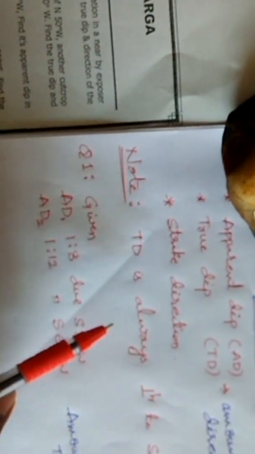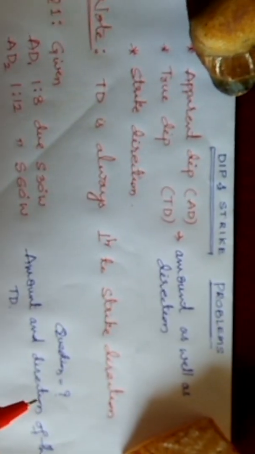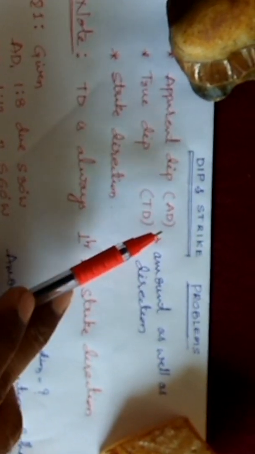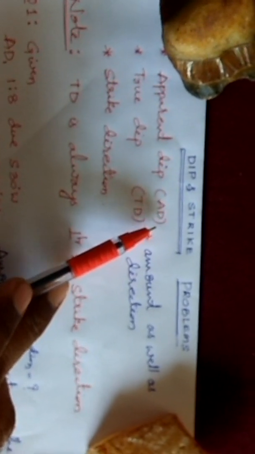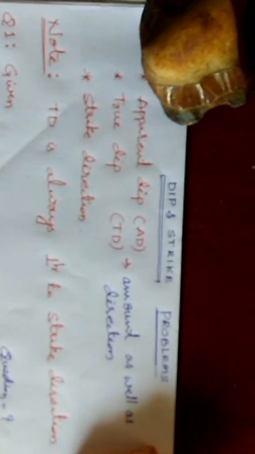True dip is always perpendicular to the strike direction. And apparent dip is nothing but a dip which is inclined other than the direction of the true dip.